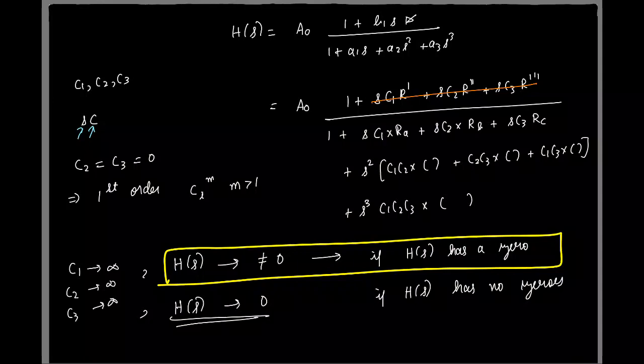So the technique is you take each and every capacitor, make it infinite, see if the output is not 0. If the output is not 0, you have a 0 in the network. And this technique will tell you if you have an s term in the numerator. So if you want to know if the network has two zeros, logically what do you think we'll have to do?